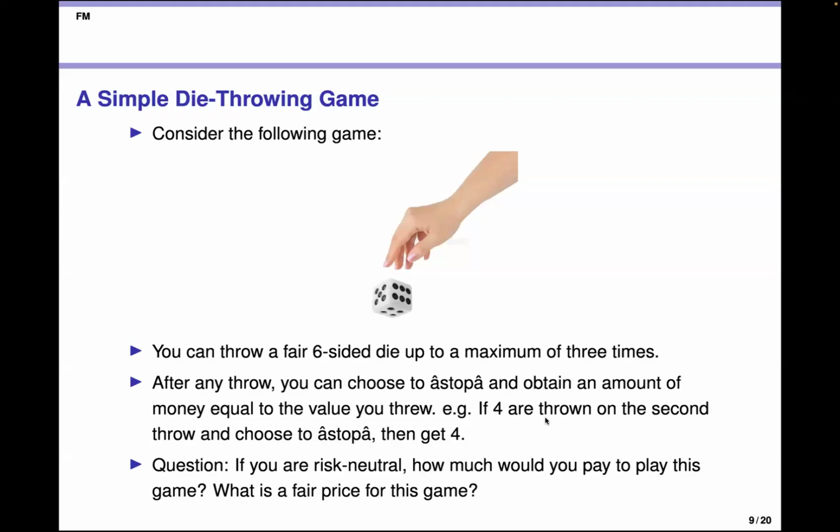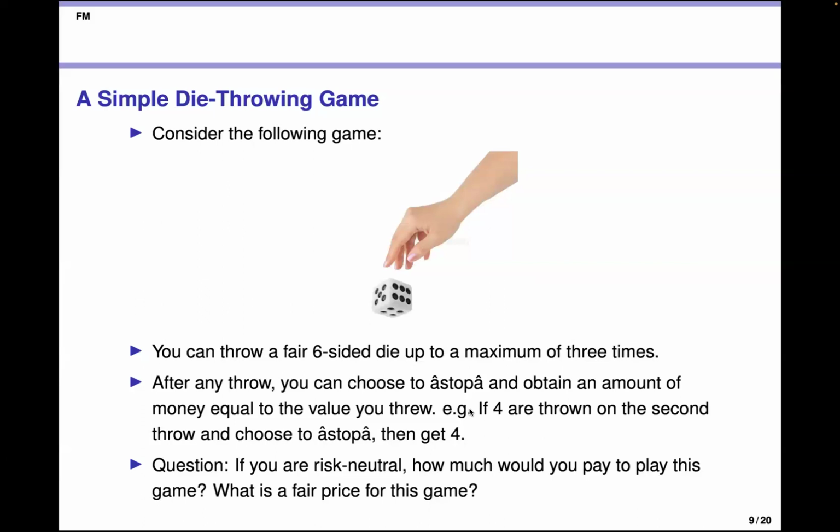you get 4 euro, or 400 euro, or 4,000 euro, whatever you agreed before. But if you don't stop, you can say, I continue. After that, you throw again, and for example it's 1, and you say, I want to continue again.